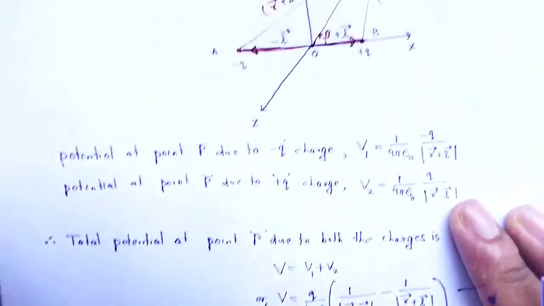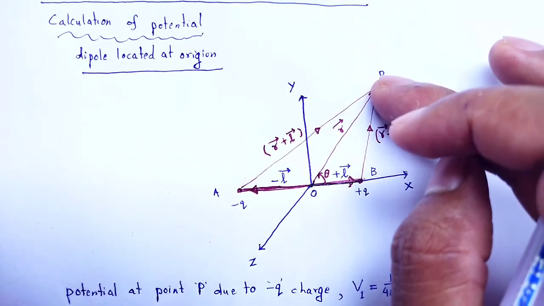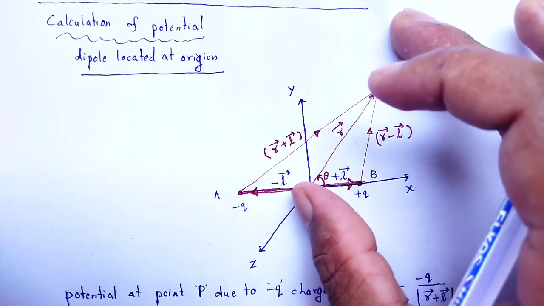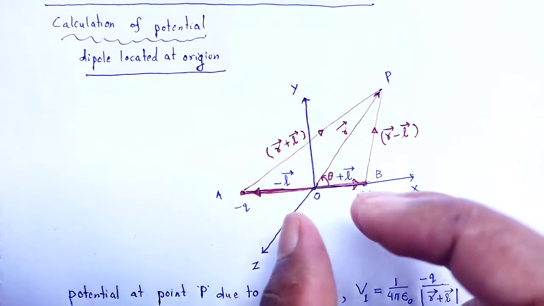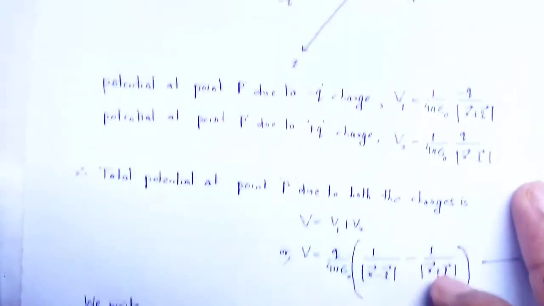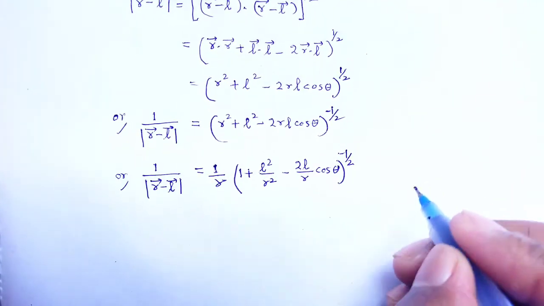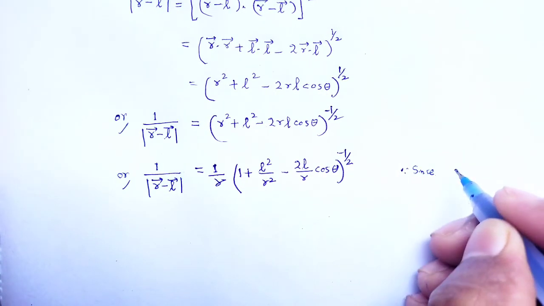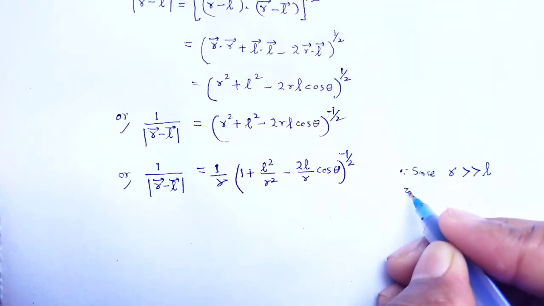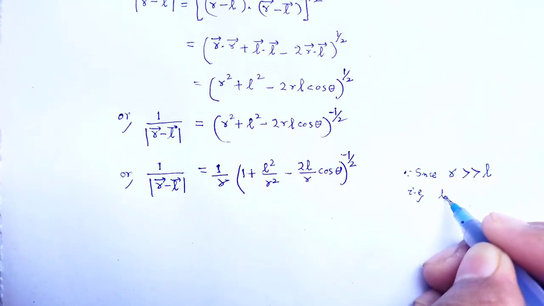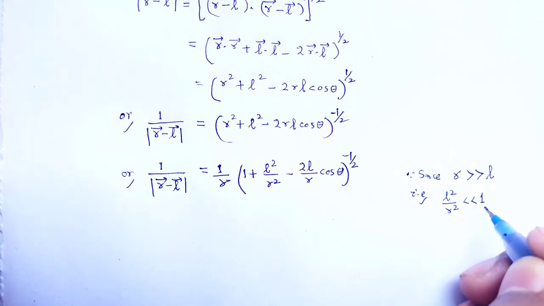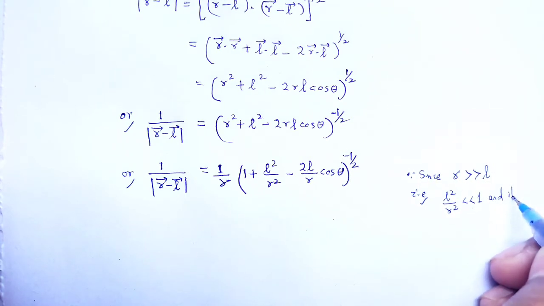Look here, if the observation point, the point P, has a position vector r much greater as compared to the distance of the dipole, here we take, since r is much greater than L, that L square by r square is much less than 1, and it is neglected.